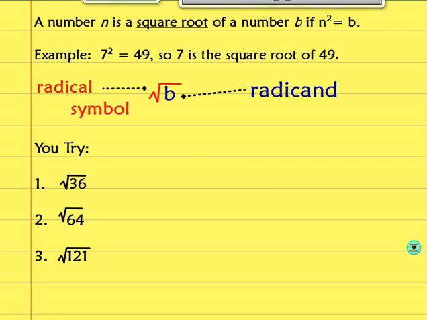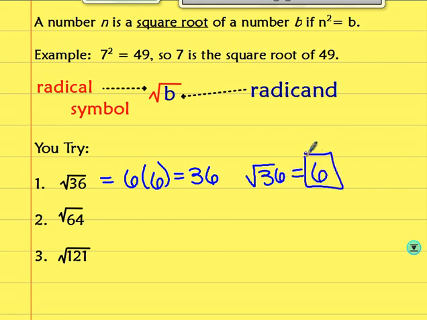Example number 1 is the square root of 36. Because we know that 6 times 6 equals 36, we know the square root of 36 is 6. Example number 2.